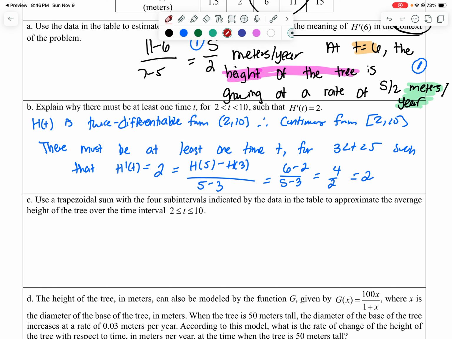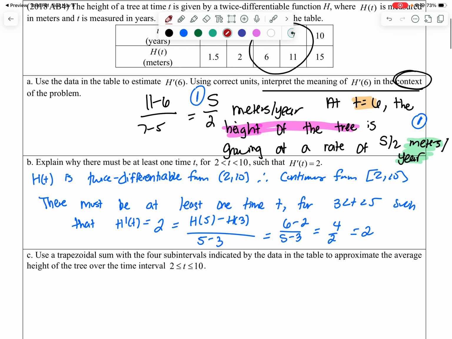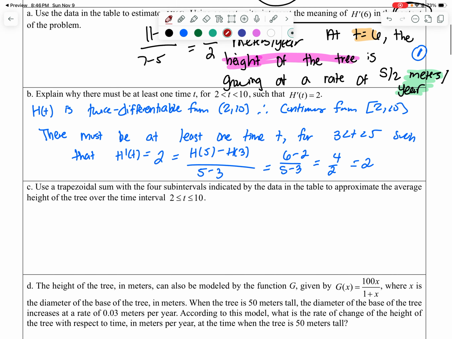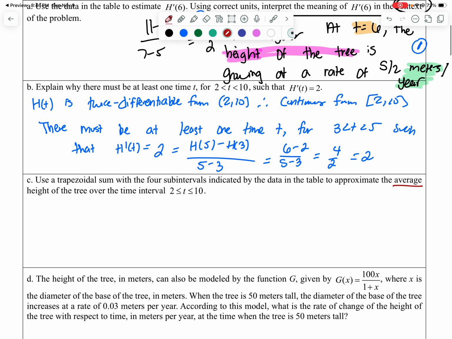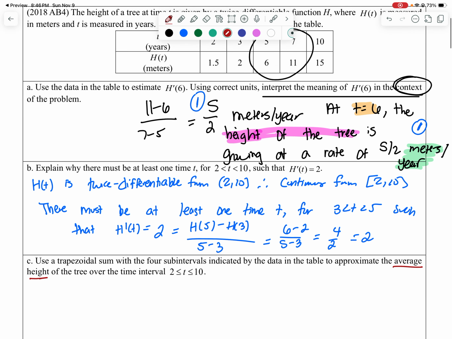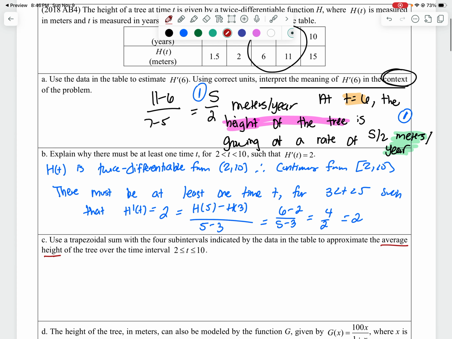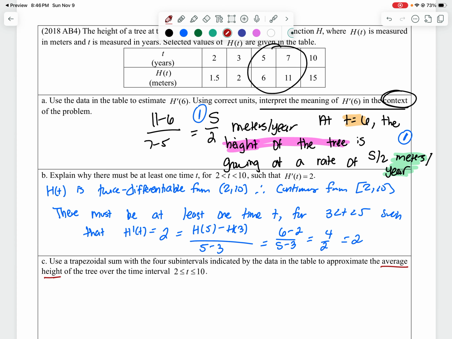For part C, you want to use a trapezoid sum with the 4 intervals indicated by the data in the table to approximate the average height of the tree over the time interval 2 to 10. Like I said, this is a game of reading. Notice how this one said average height. So a lot of us just gave me the trapezoid sum, but you did not divide that by 8.